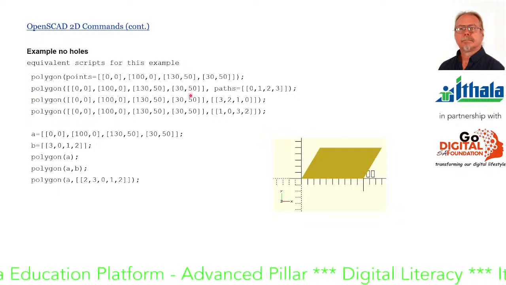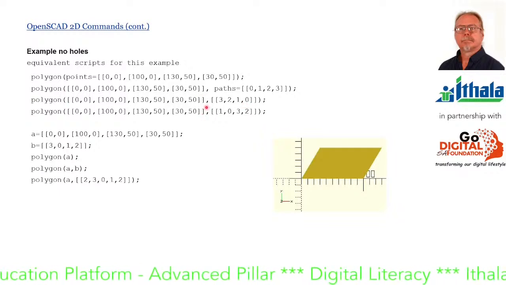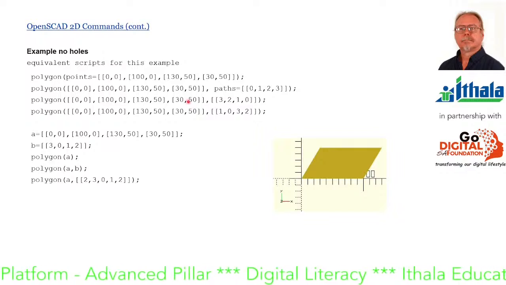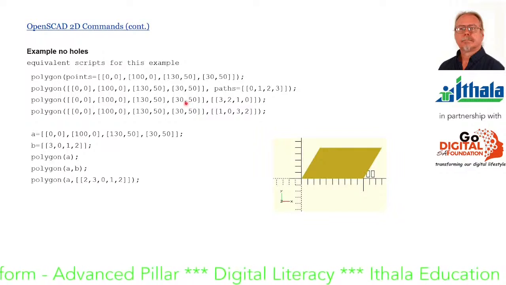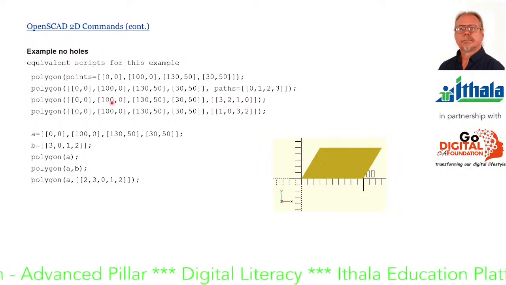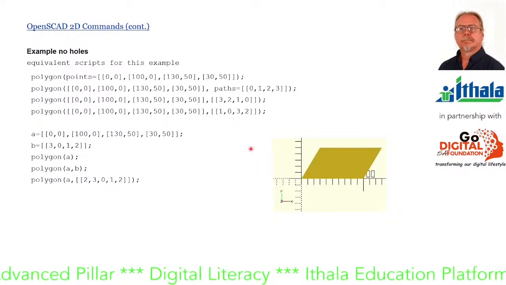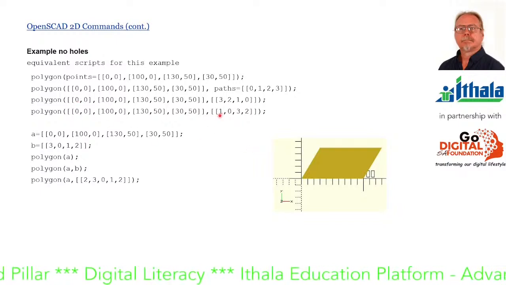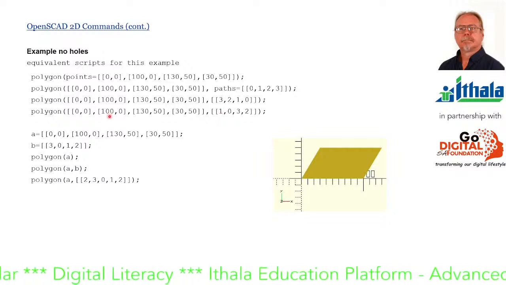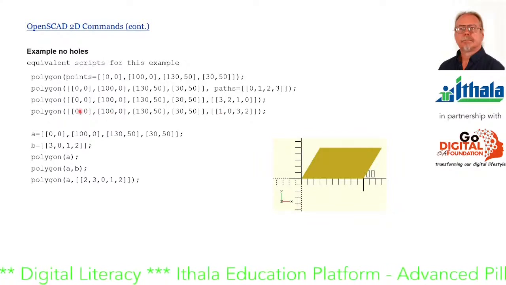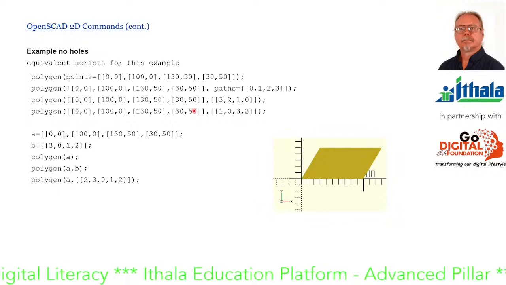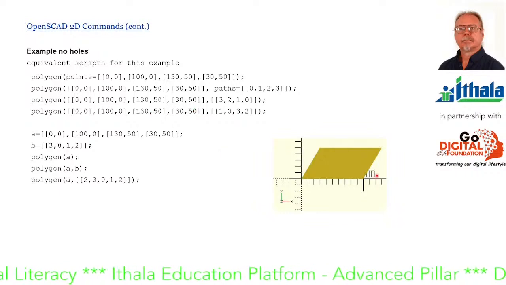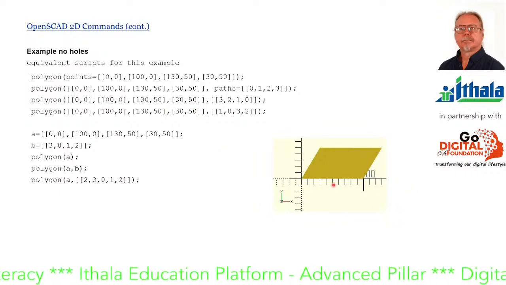So these are the same points as before, but now it's going to start at the fourth one, whose index is 3. So it starts here, then goes there, then goes there, then goes there. And likewise with the last one, we're just doing it in a random order. So we're taking index 1, then index 0, then index 3, then index 2. But these all give you the same shape.